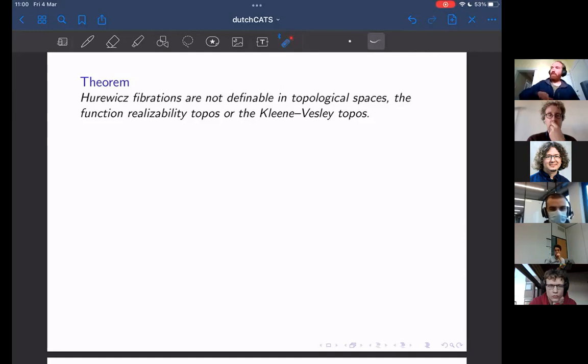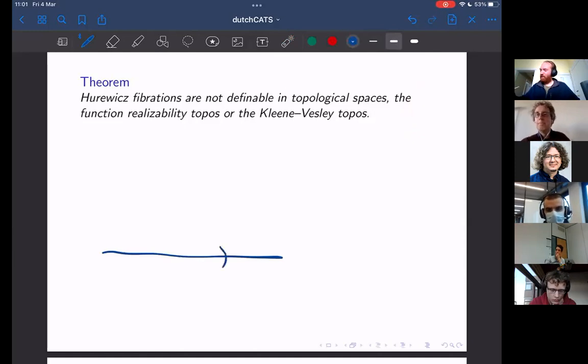Unfortunately I don't have time to sketch out proofs, but the simplest example is Hurewicz fibrations in topological spaces. Okay, I can't resist, I'm going to sketch the proof.